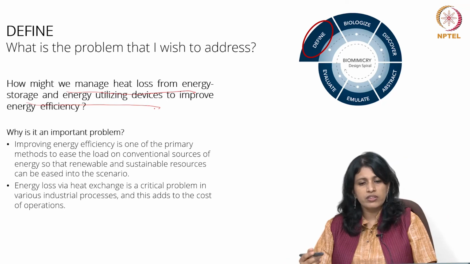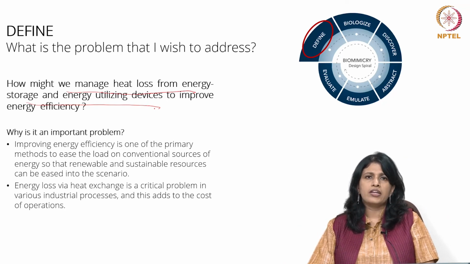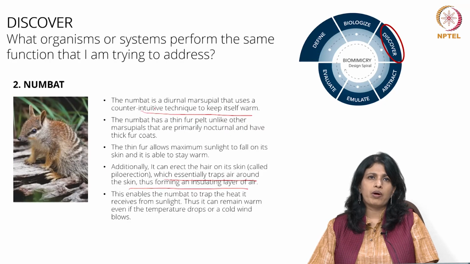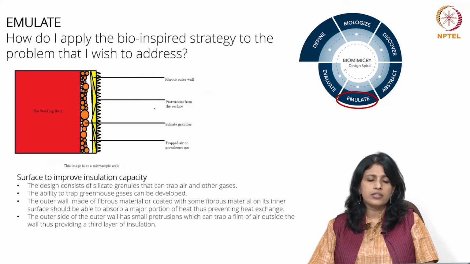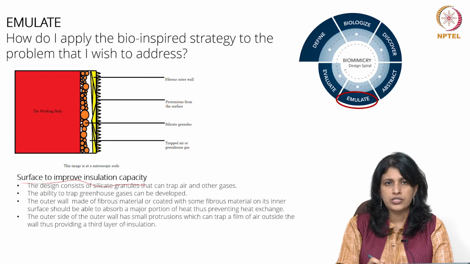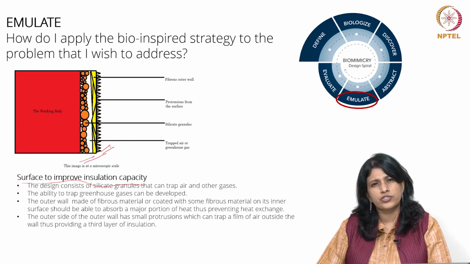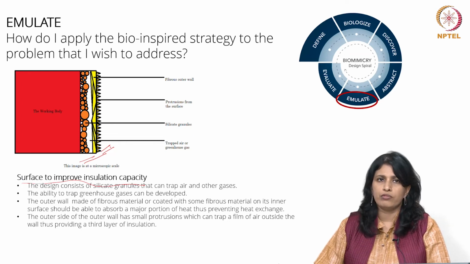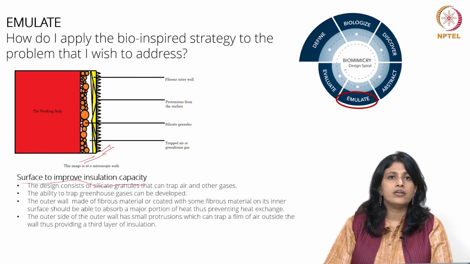So given this is my question, this is what the student set out to solve, and given that he has looked at multiple organisms that do similar functions, the idea that he's come up with is this: a surface to improve insulation capacity based on the design strategies that he has extracted from the three organisms, the polar bear, the numbat and the malleefowl.